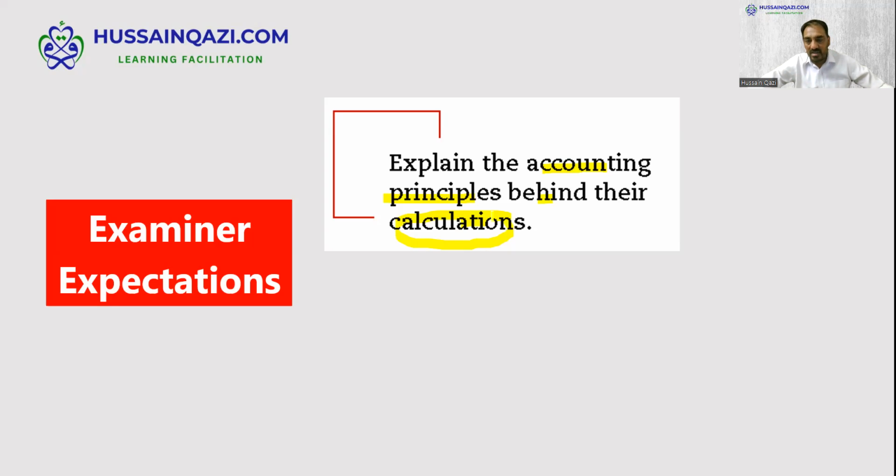Another point is about the calculations. Sometimes the examiner asks only for the calculations: calculate. So you just mention the calculation. Sometimes the examiner says explain your calculations. So whatever calculation you have done, whatever accounting principle you have applied, you just have to interpret that calculation.